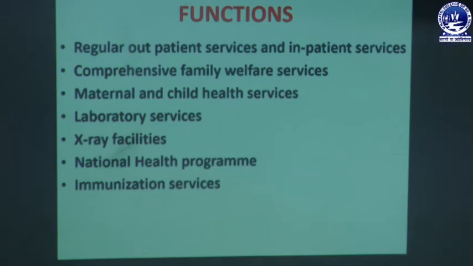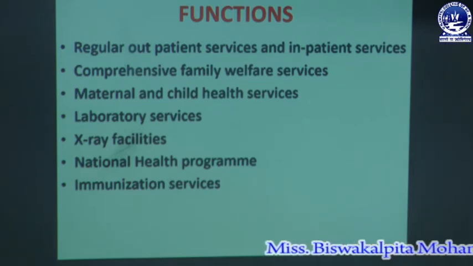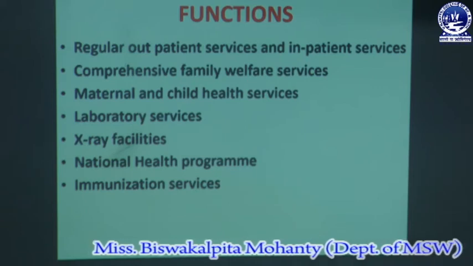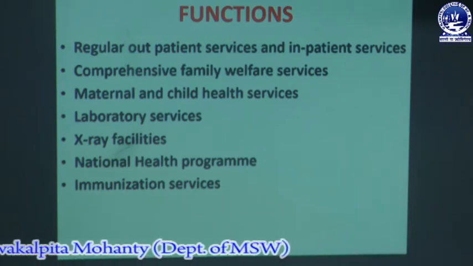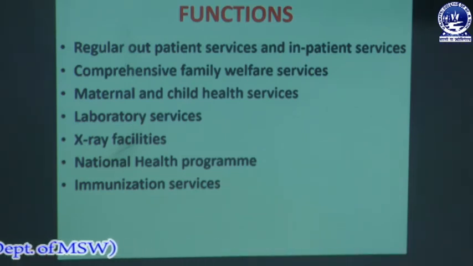Then OPV 1, 2 and 3 at 6 weeks, 10 weeks and 14 weeks. Then IPV, inactivated polio vaccine, at 14 weeks. Then pentavalent 1, 2 and 3 at 6 weeks, 10 weeks and 14 weeks. Then rotavirus vaccine at 6 weeks, 10 weeks and 14 weeks.